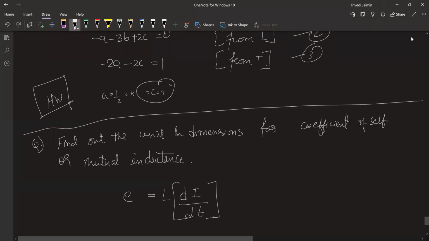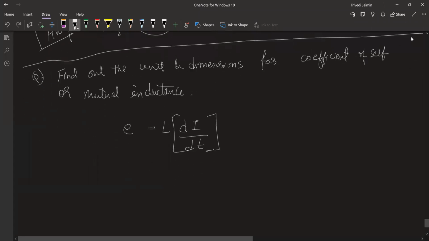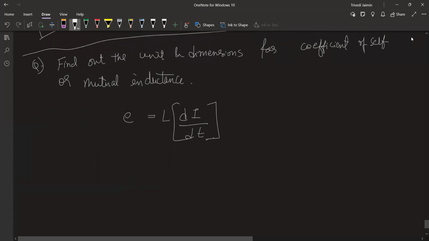You don't think so? I'll double check, sir. Here the answers are different. Okay, no problem, you can check it. But read this question. E is induced electromotive force, that means EMF. dI is current.